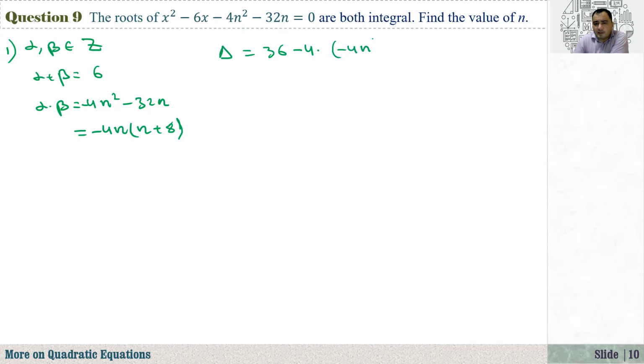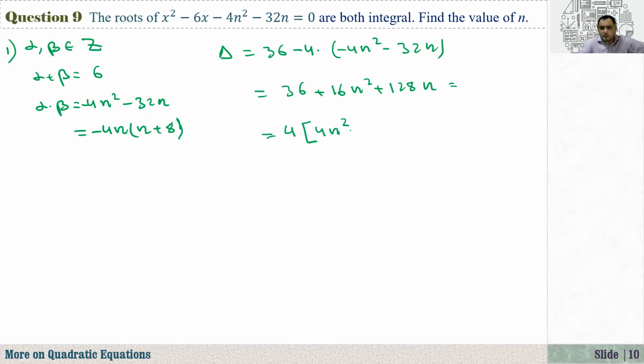So that's equal to 36 plus 16n squared plus 128n. If I take 4 out, here we have 4n squared, here we have 32n, and here we have 9.